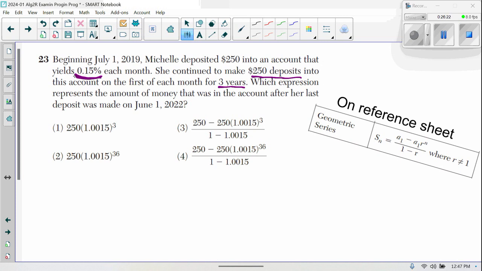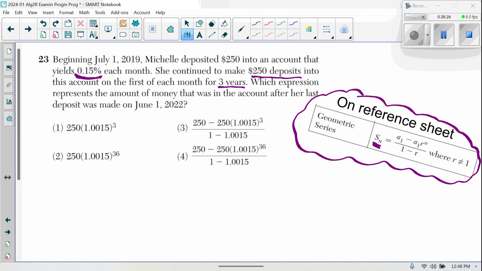So on your reference sheet is this little nugget right here. My total: whatever my first term is, that's what A of 1 represents, minus the first term times the rate raised to n. And n, in this case, is our number of occurrences, or months.